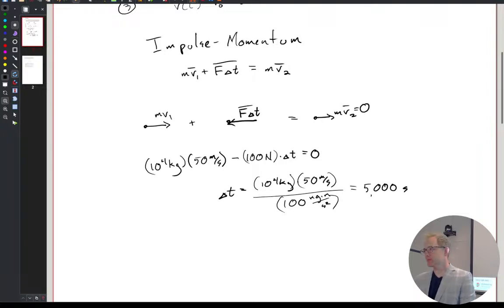So that's over an hour of thruster time. It takes a while. It's a big ship, and 50 meters per second is not slow. This is also nice because impulse doesn't always have to be a constant force. We could solve for the average force over that same amount of time, and it would still be the same answer.